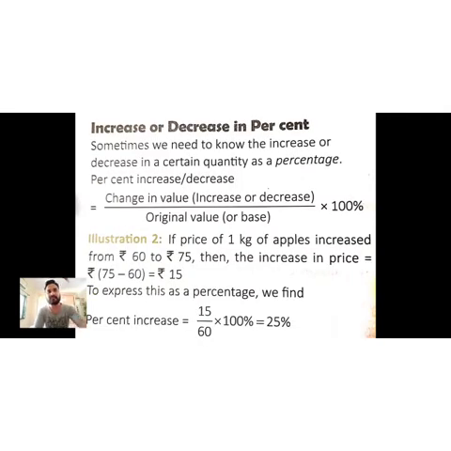Now see, decrease or increase in the percentage. How many percentage increase, how many percentage decrease? We can see this year this much amount of rain decreased, this much amount of rain increased, or this year we grew this much more wheat, or got this much less rice. So how do we find the percentage of change?